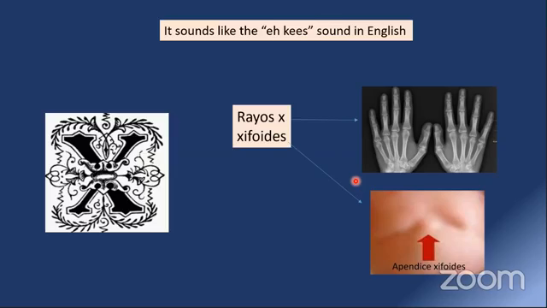What is xifoides? And pay attention to that pronunciation. The letter X, when we start in Spanish with this letter, sounds like an S. Xifoides. In this case it is apéndice, appendix, xiphoid appendix, apéndice xifoides. It is that tiny little bone at the end of the sternum.